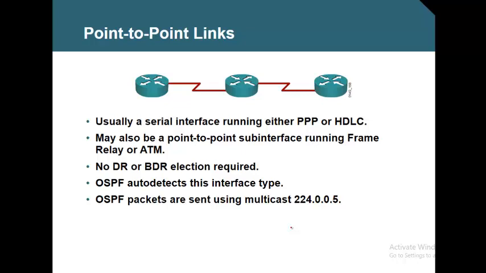When you have a serial link on Cisco devices, the encapsulation type in layer 2 will be HDLC. OSPF can sense it. You can also change it to PPP. When it is HDLC or PPP, automatically OSPF will say the network type on this link is point to point.